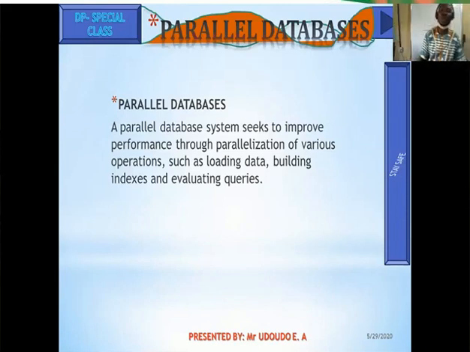And so we are saying that it seeks to improve performance through parallelization of various operations, such as loading data, building indexes, and evaluating queries, or any other operation that wants to be carried out. This can be done without issue within the database itself, or even to the operations themselves.